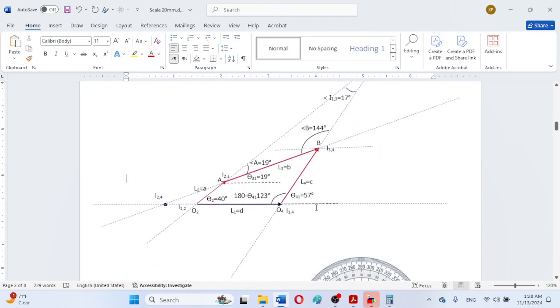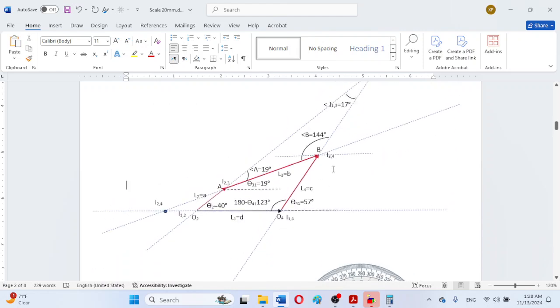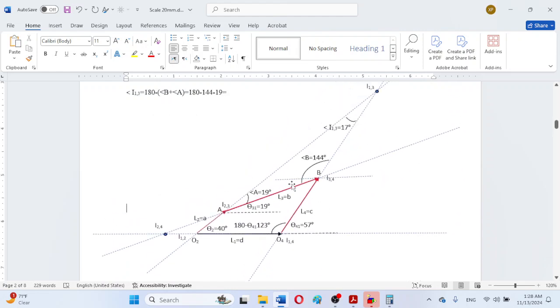AB will be equal to the sum of this angle, 180 degrees minus theta 41, because this angle.